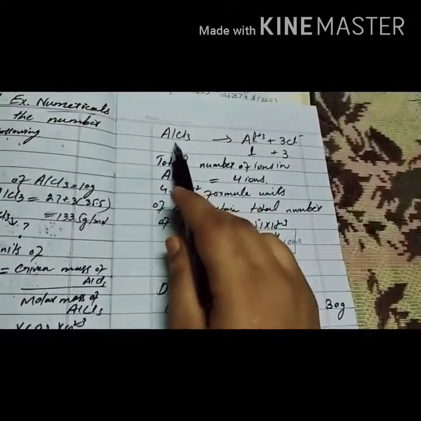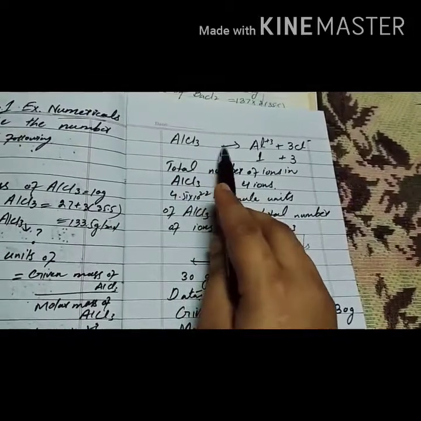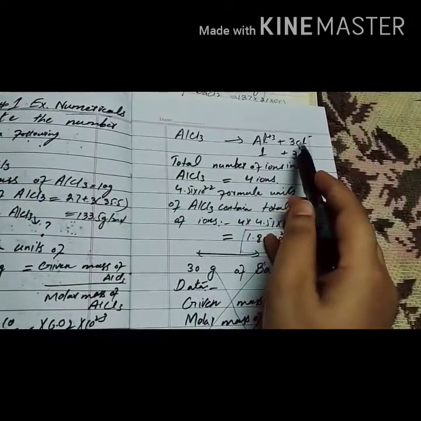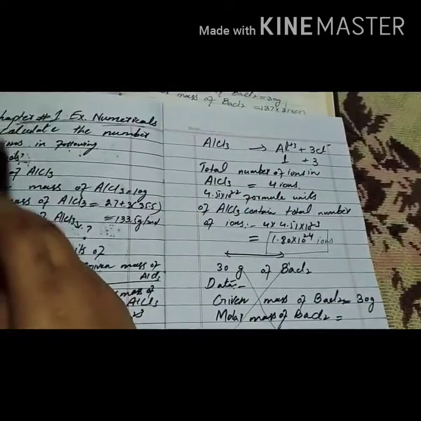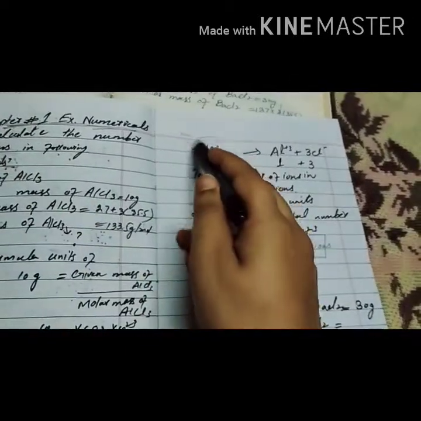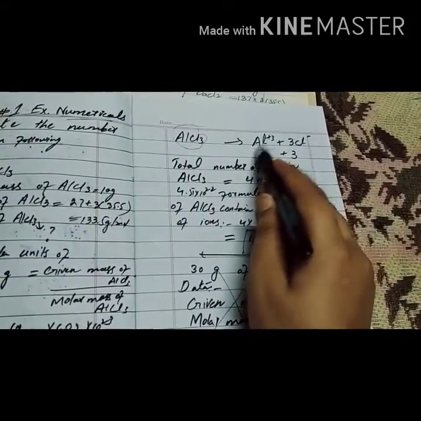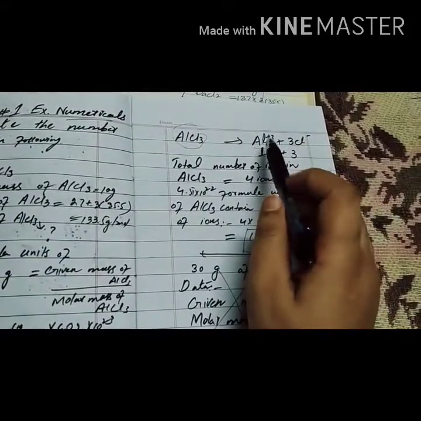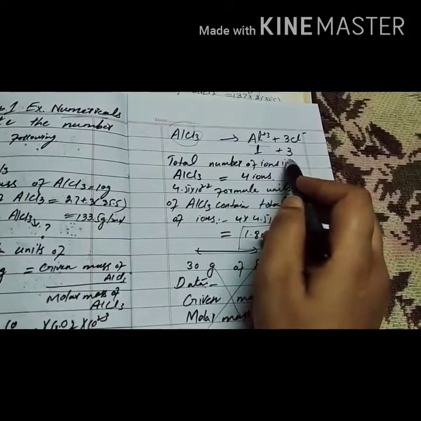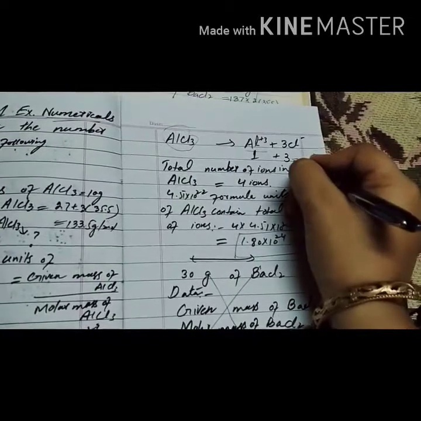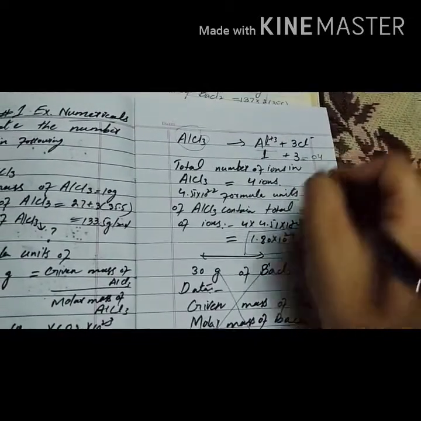Now aluminium chloride when dissolves, it's a combination of aluminium ion and chlorine ion, because we have to find out the number of ions in aluminium chloride. So there are two ions, first aluminium and 3 chlorine ions. So now total number of ions in aluminium chloride are 4.